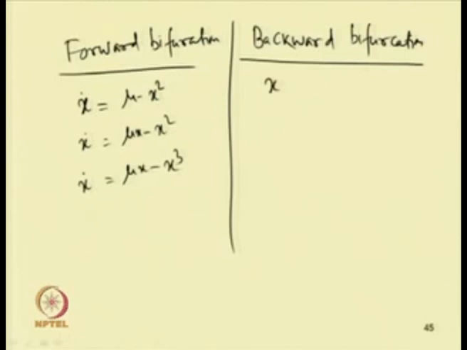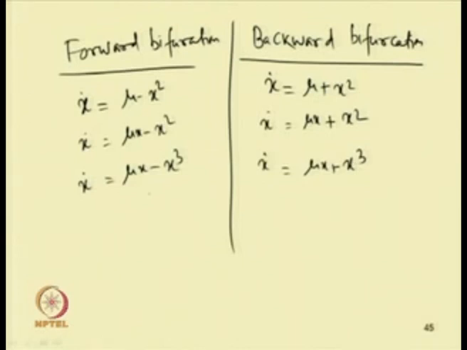Similarly, in case of backward, x dot equal to mu x plus x square, and x dot equal to mu x plus x cube.